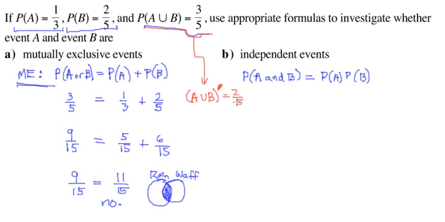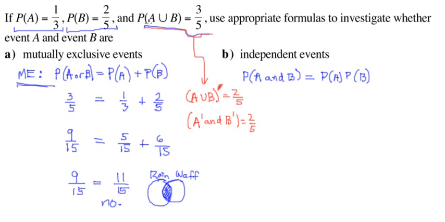The other 2/5 of the time, neither of these things happen. And so this, A or B, neither of them happened, is equivalent to not A and not B equals 2/5.